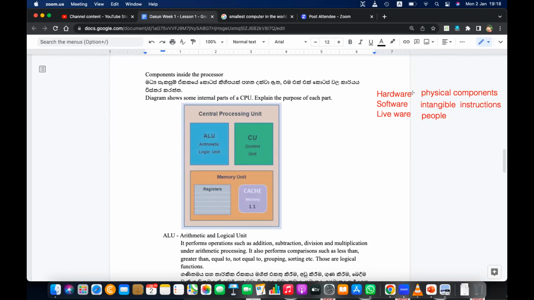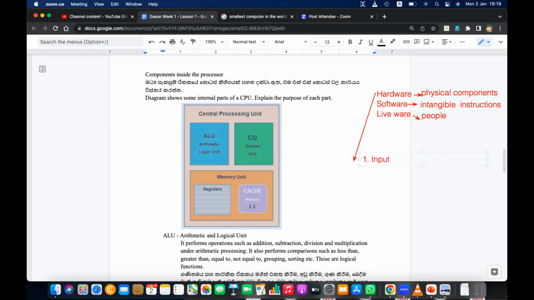Then we have further divided hardware into 6 subsystems. Can you remember what they are? One is input devices.